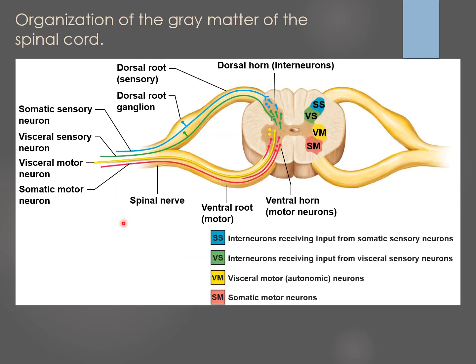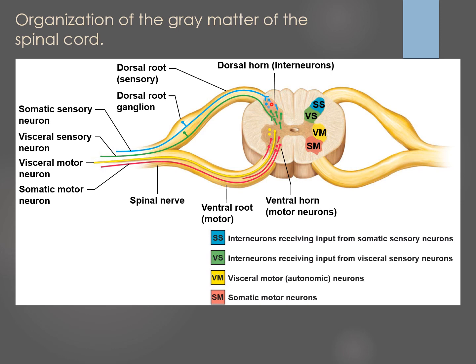This pic may make this a little more clear to you. What we have here are somatic sensory neurons coming into the dorsal horn. We have visceral sensory neurons coming into the dorsal horn. Here's where their cell bodies are, in that dorsal root ganglion.